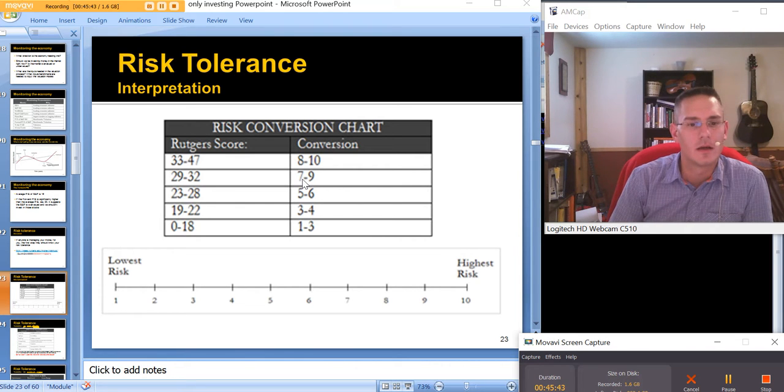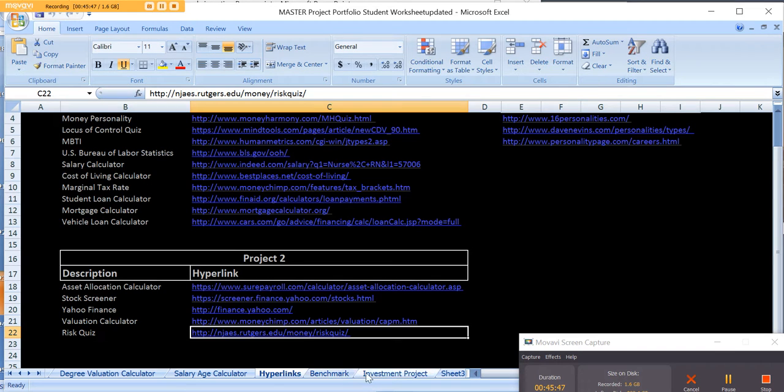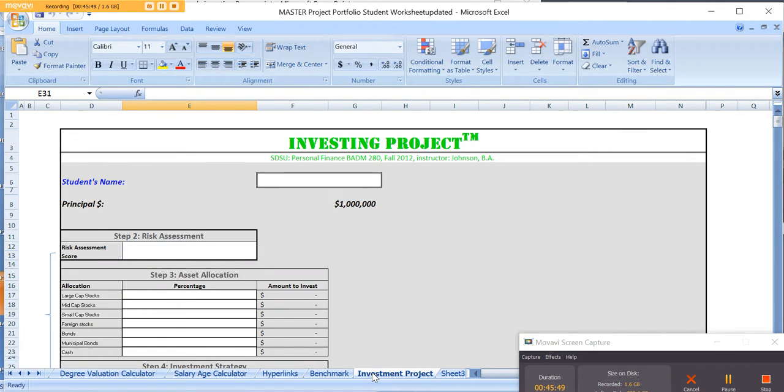The next thing we're going to do is go back into that Excel spreadsheet and open up the investment project tab. Go ahead and enter your name at the top, and we'll start filling this out. In the second step here, and really that should be the first step, is your risk assessment.